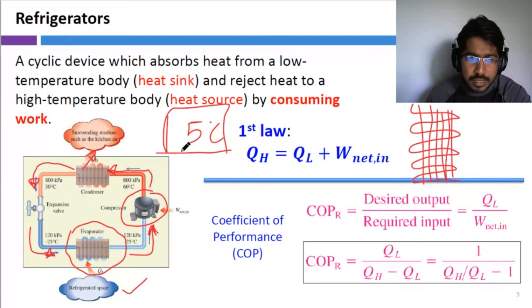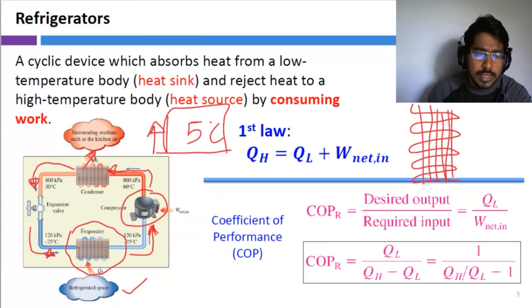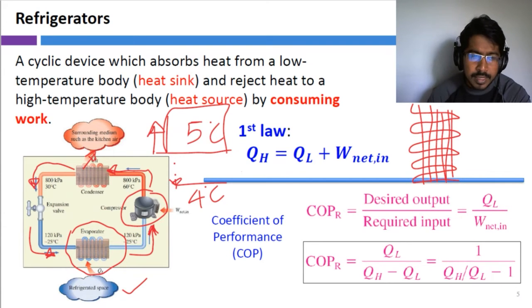Whenever we are trying to go above 5 Celsius, the refrigeration cycle activates. Then it keeps on cooling the space, removing heat from the space, down to another threshold level, a lower bound, something like 4 Celsius, right? After we reach 4 Celsius, the refrigeration system stops working.